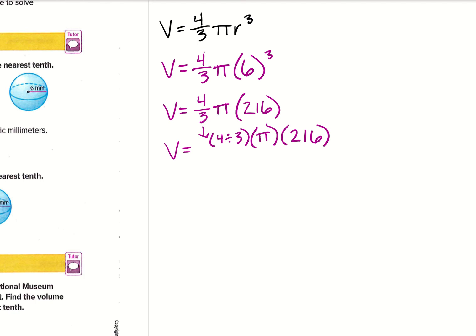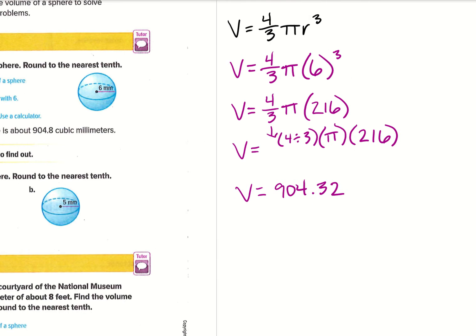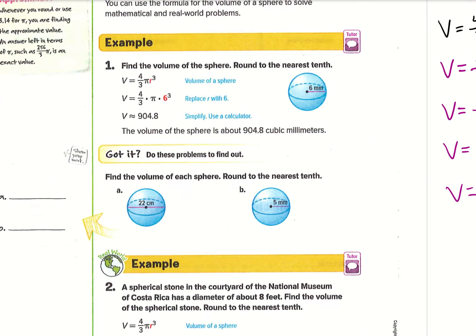So I get 4 divided by 3. That's 1.3 repeating. And then times 3.14 times 216. That's going to give me 904.32. If we check what they've got, 904.8, but they probably put in pi instead of 3.14 in the calculator.